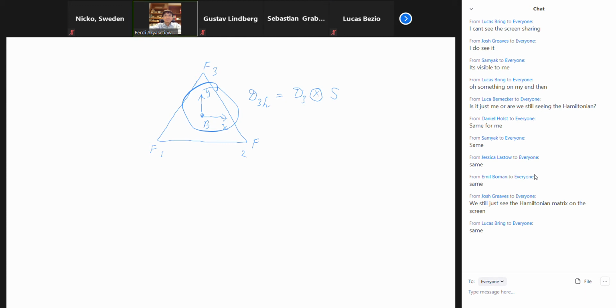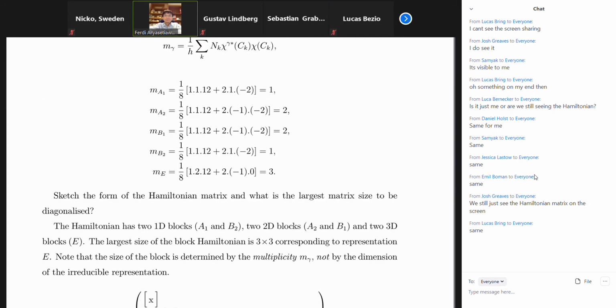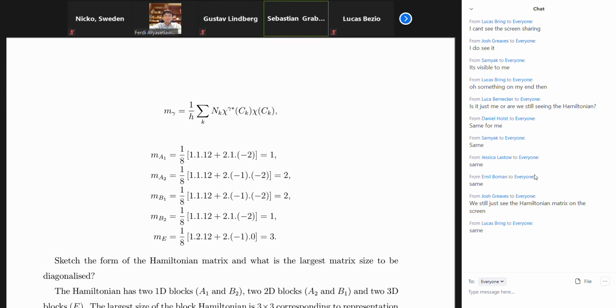Let me see if I understand. You're talking about gamma M? Yes. Although I was more wondering how one does it when there's a dipole moment on the symmetry, meaning that you have some linear function, x, y, or z.